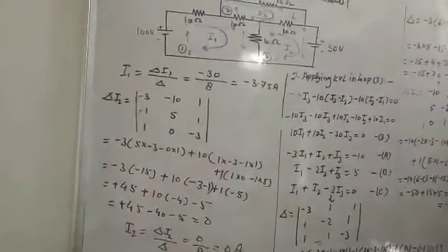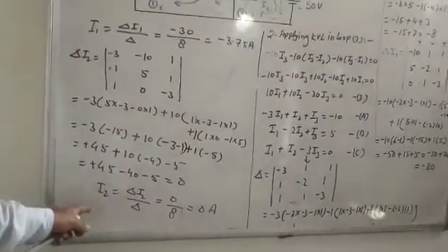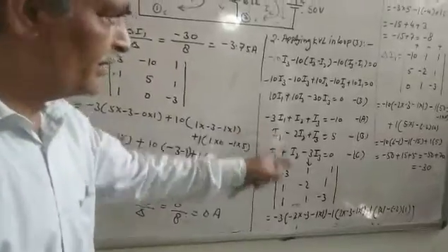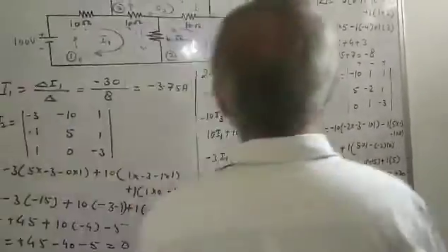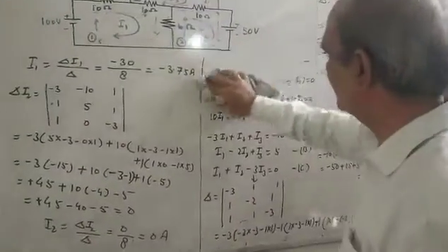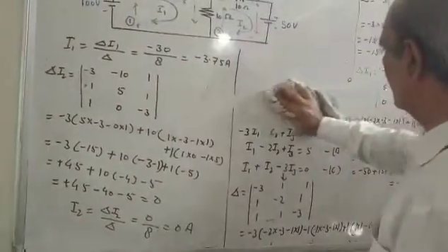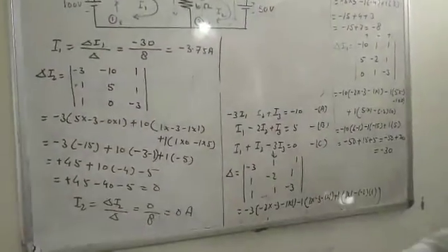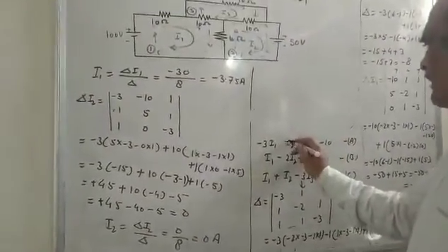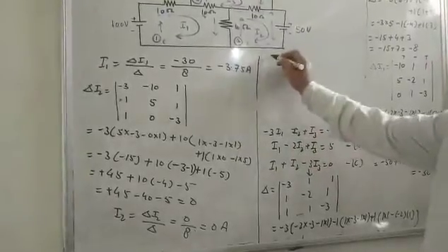Now substituting the values of I1 and I2 in equation number first, you can find directly I3. Substitute the value of I1 and I2 in equation 1.